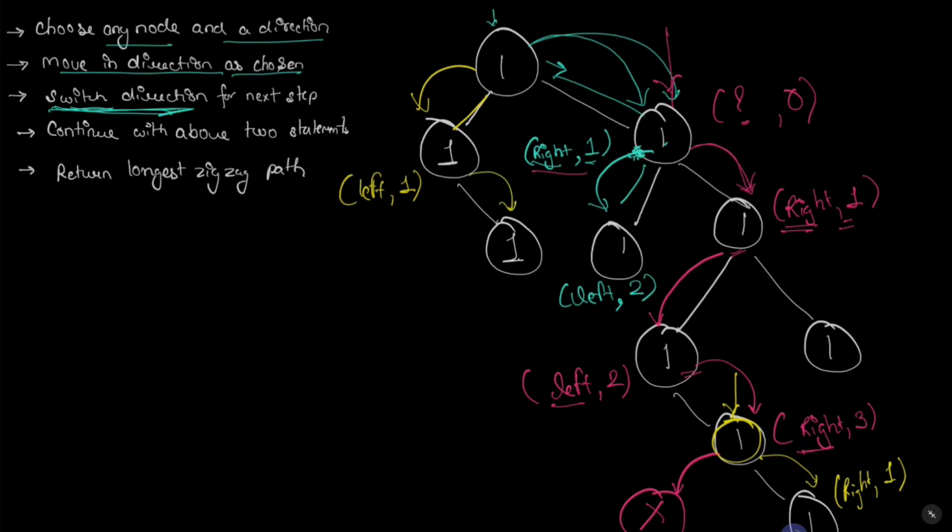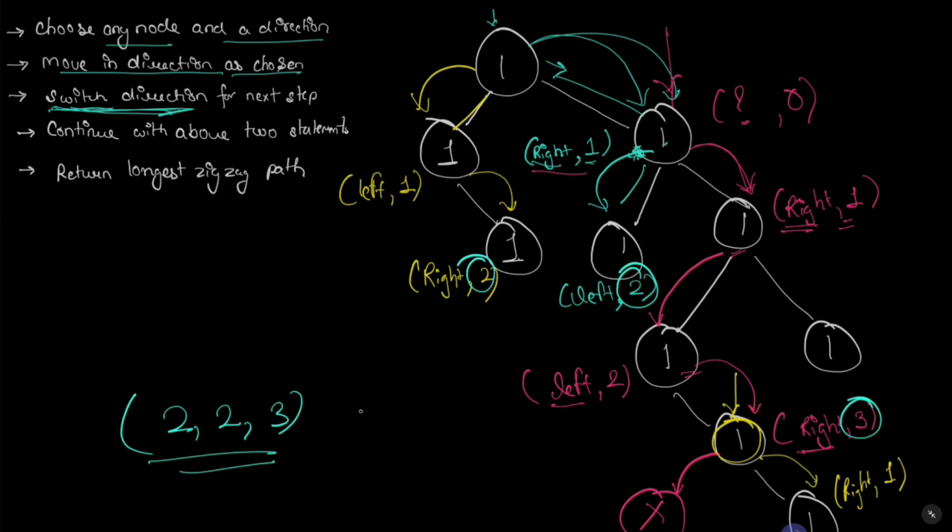Now from here, we'll make a jump to the right node. We have right and number of steps 2. If we look closely, 1, 2 and 3. Out of these 3 states, we'll have to return the maxima, which is 3. Now let's jump onto the code.